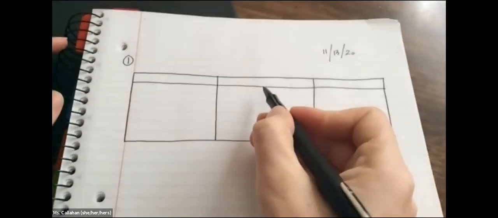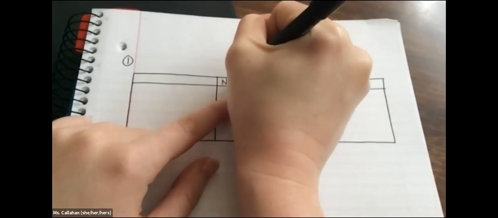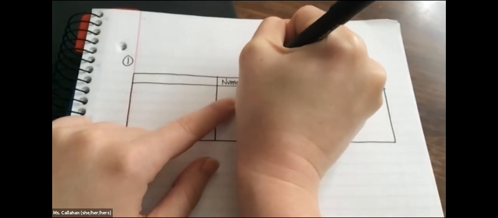Now I'm going to trace this line up here at the top, and I'm going to label it numerical relationship, just like I see right here. So I'm going to label this middle column numerical relationship.